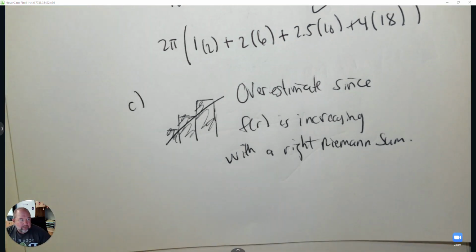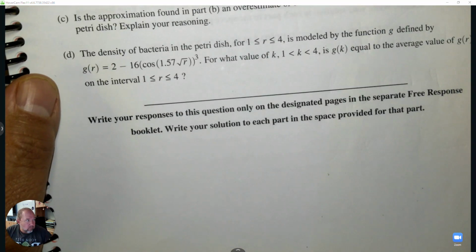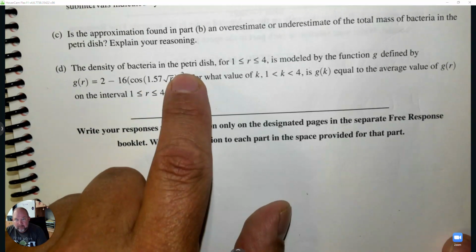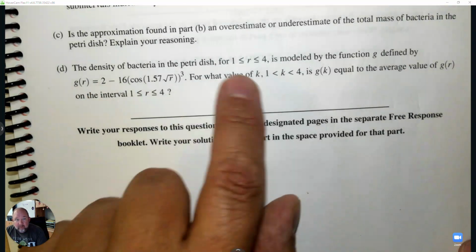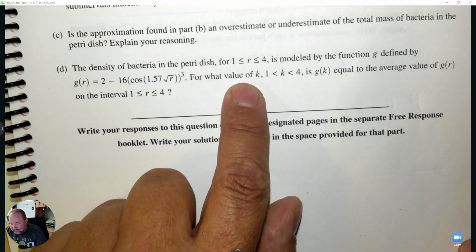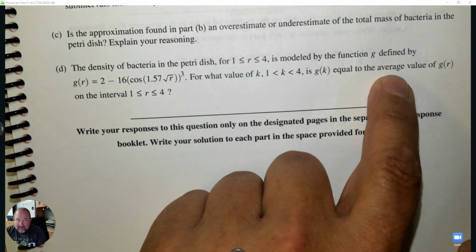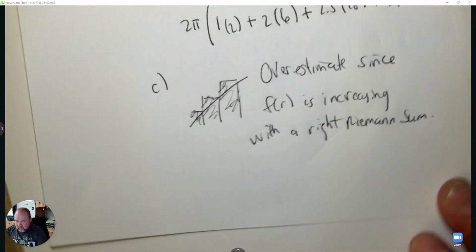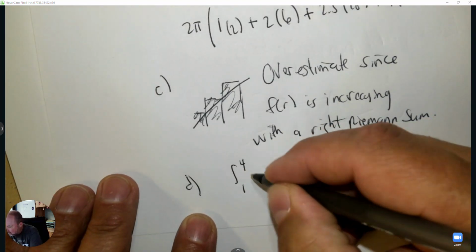Part D, we're almost there. The density of bacteria of the Petri dish from 1 to 4 is modeled by this function. For what value of k from 1 to 4 is g of k equal to the average value of g of r? So average value is an integration question. So we're going to integrate from 1 to 4.